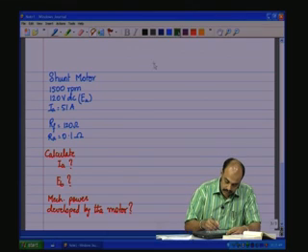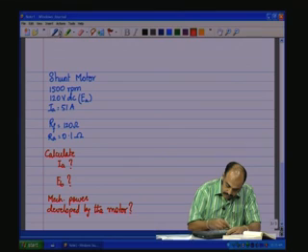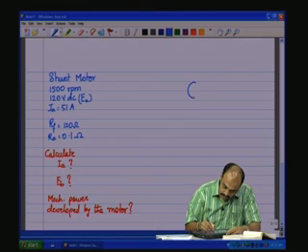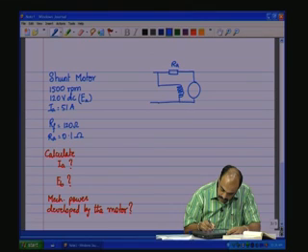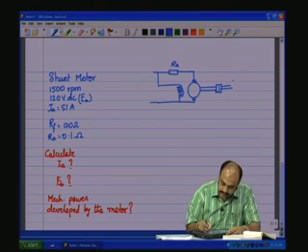Okay. Now, we know that the schematic is like this. It is a shunt field. We have RA, we have the field winding, the brushes, and the mechanical load is connected in this fashion to the terminals of the motor.